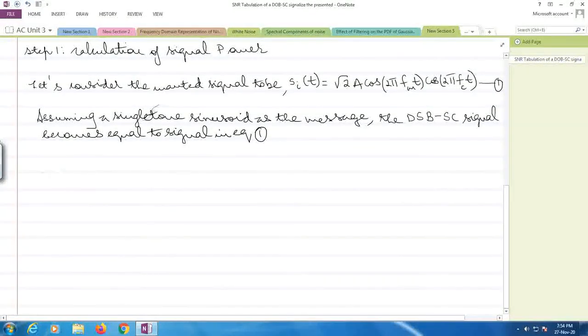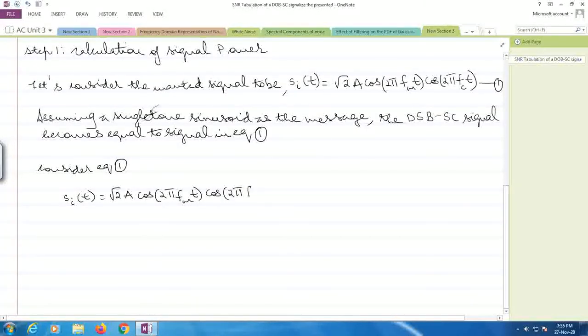Now, considering equation 1, we have that Si(t) is equal to root 2 A cos 2πfmt cos 2πfct. Let Si be the average power of Si(t).